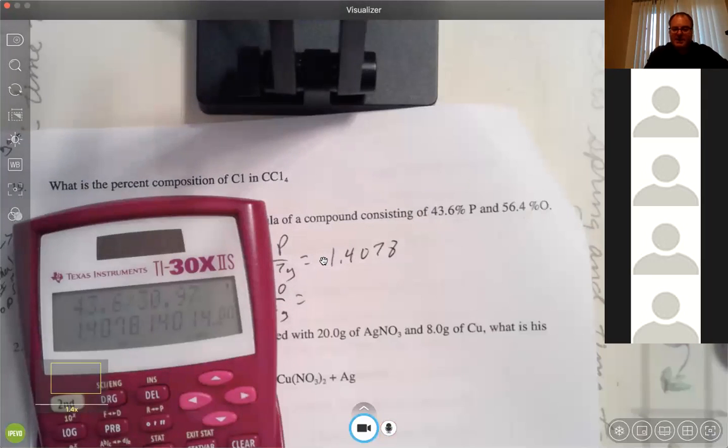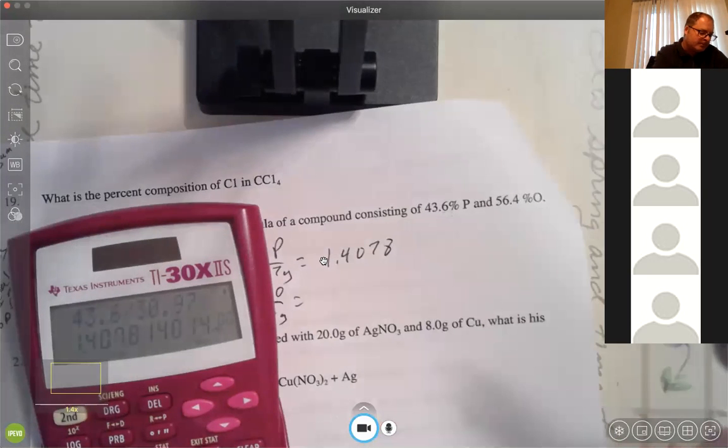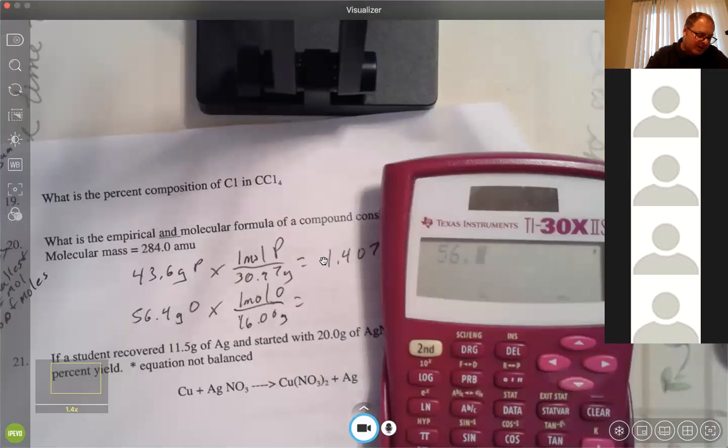And I usually go out as many decimal places as I can because I'm trying to find the mole ratio. I want something that, whenever I divide it by itself, is 1, and whenever I divide something else by it, it's a nice number. The more decimal places you use, the more likely that's going to happen.